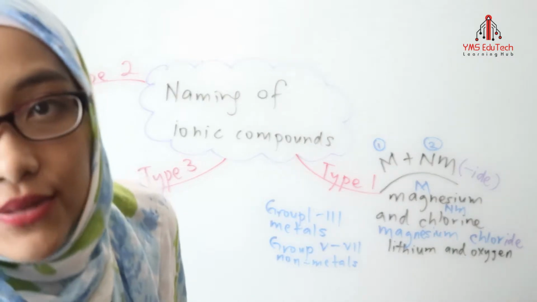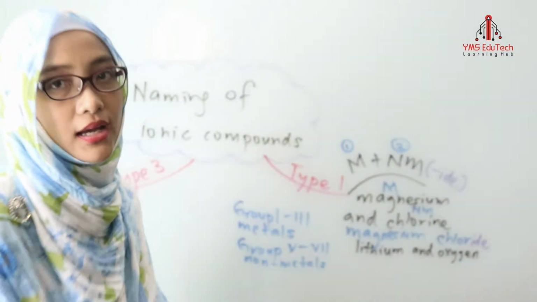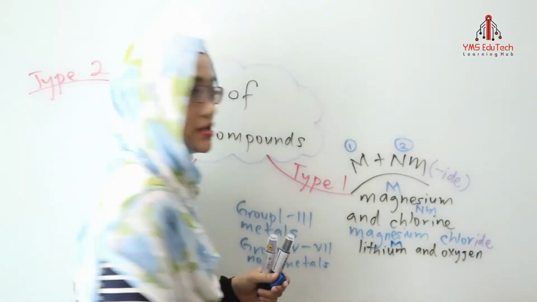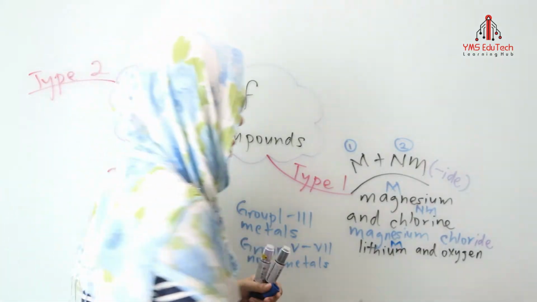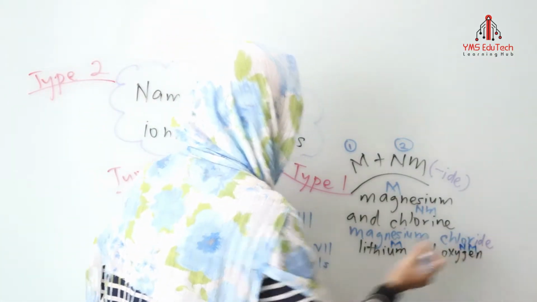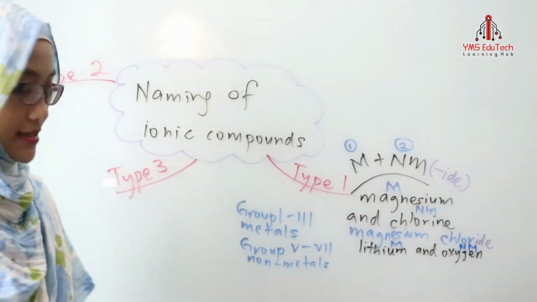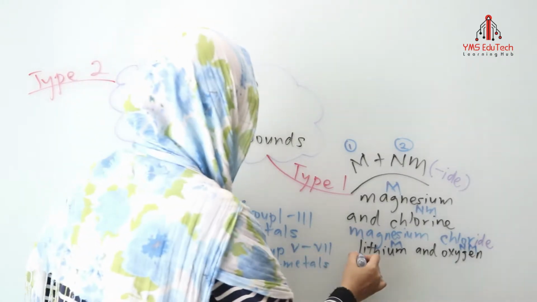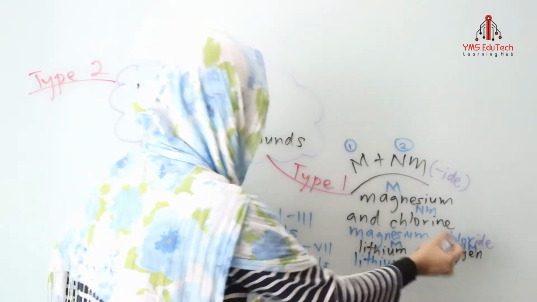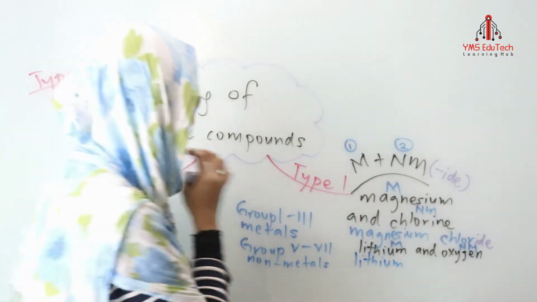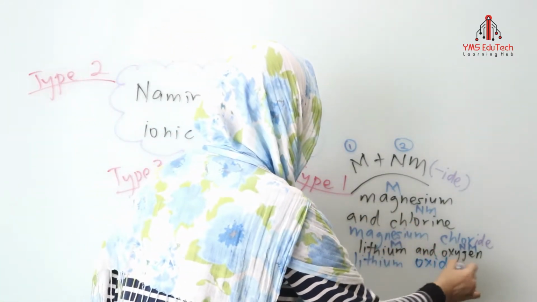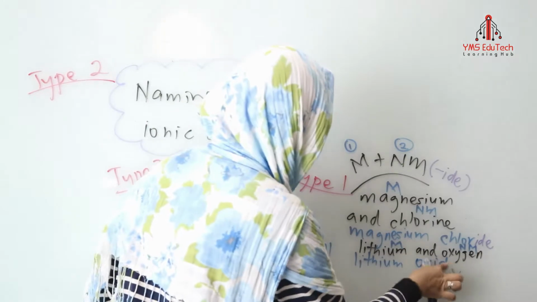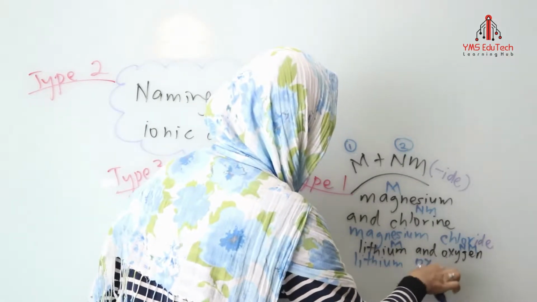Lithium is the metal and oxygen is the non-metal, because lithium belongs to group 1, so it is a metal, and oxygen belongs to group 6, so it is a non-metal. When we combine them, we have lithium and oxygen, and you must end it with "ide," so that will be lithium oxide. Let me change this color so you can see. Lithium oxide must end with "ide."